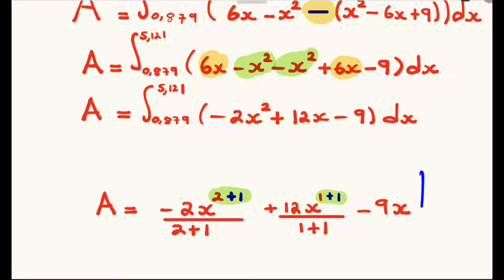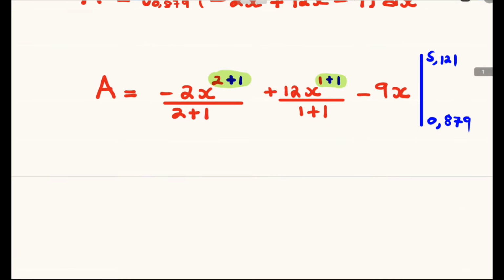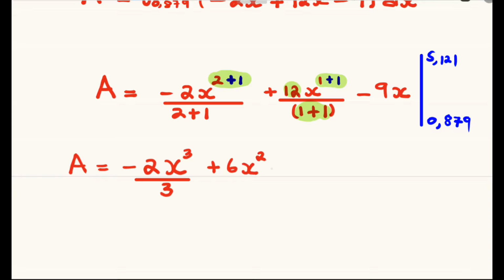We have our bounds from 5.121 to 0.879. And our area will be equal to negative 2 multiplied by x raised to the power 2 plus 1. 2 plus 1 is equal to 3, so in the denominator we have 3, plus the 12 divided by the 2, which is equal to 6, multiplied by x raised to the power 2, minus 9x.